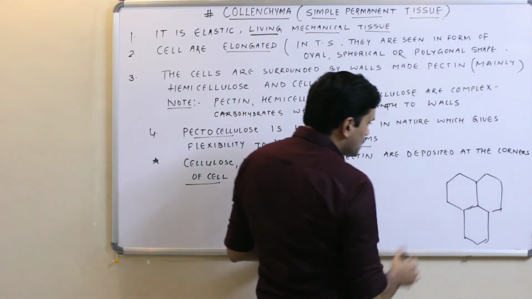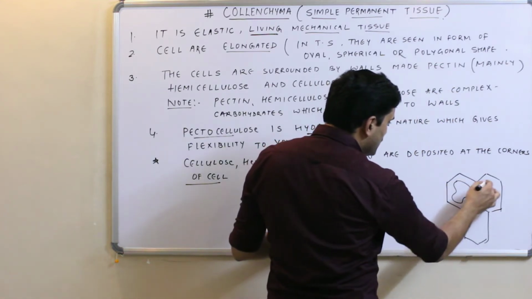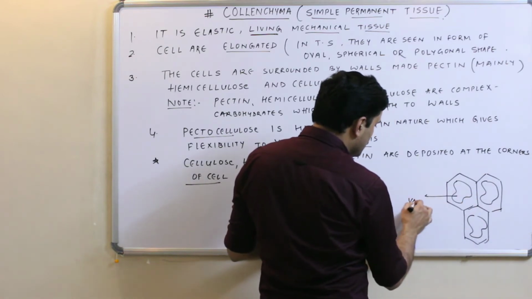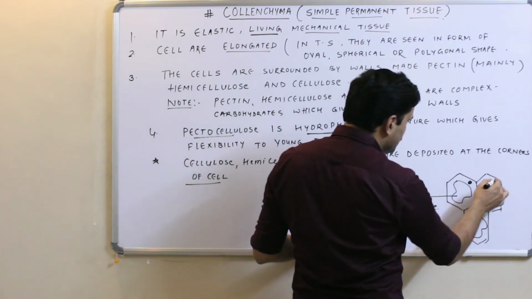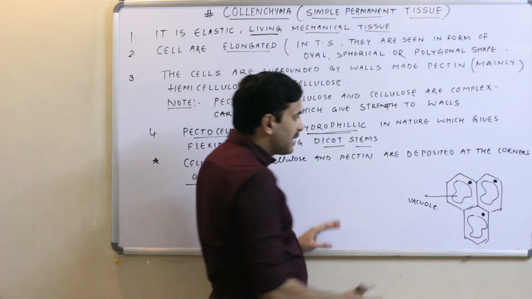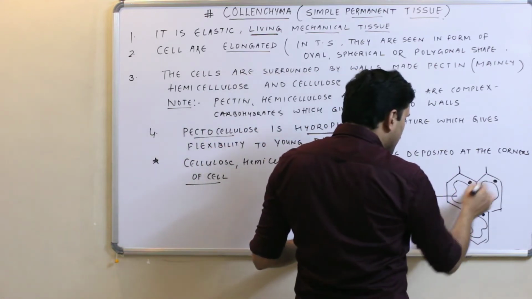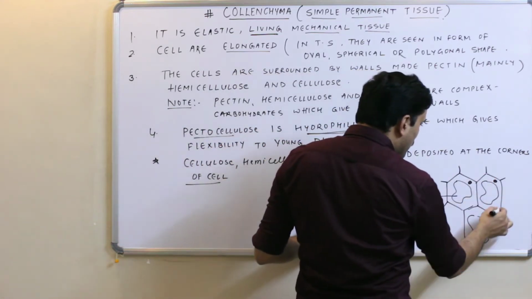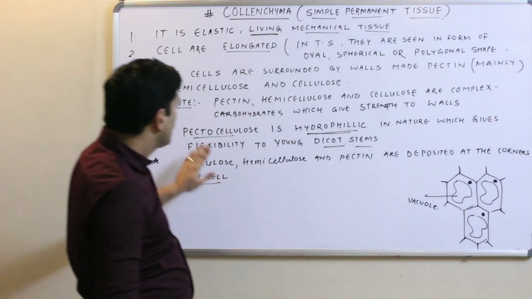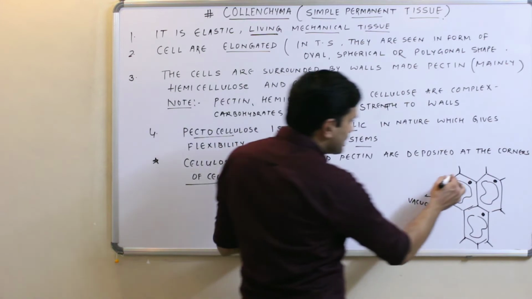Alright. So a big central vacuole is present in the cell. This is the vacuole. The protoplasm and nucleus are found at the periphery, and the deposition of pectin, hemicellulose and cellulose occurs at the corners like this.